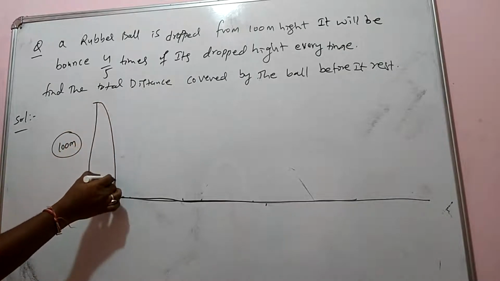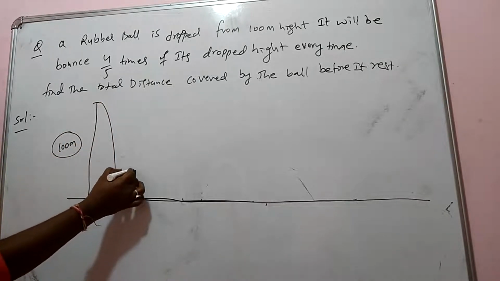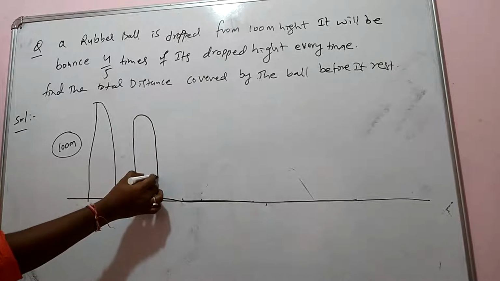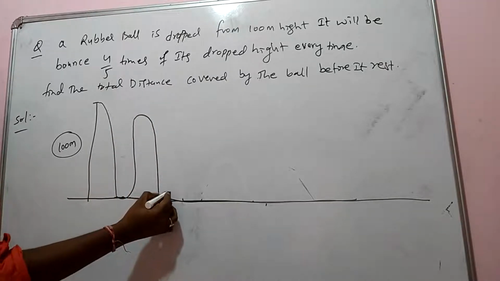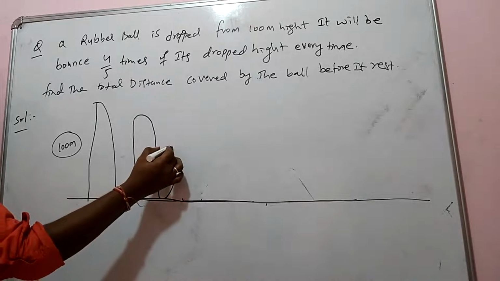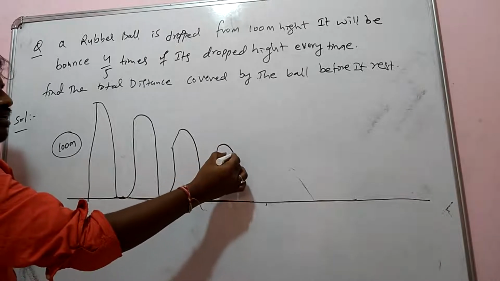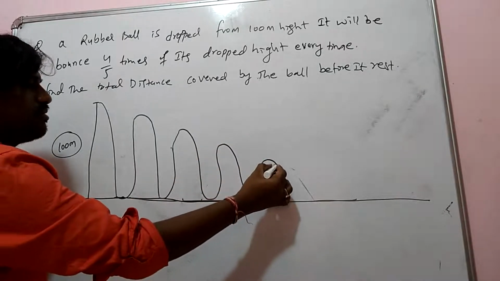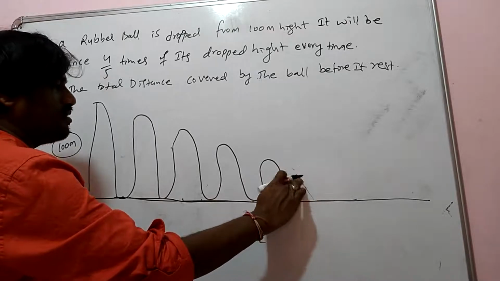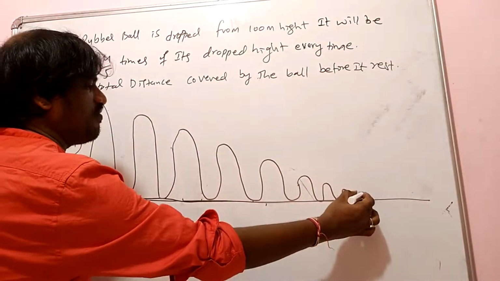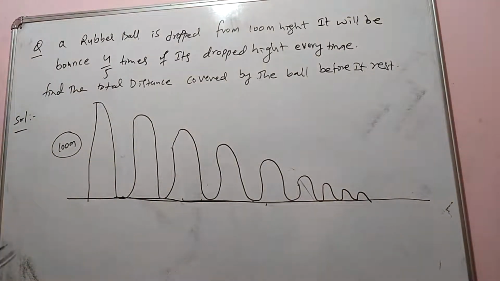It falls on the ground, then it jumps 4/5 times of this and comes back. Second time, it jumps again 4/5 times of this, and third, again 4/5 times, and so on, and then it is going to rest. So a rubber ball is dropped from 100 meters height, and it is doing it this way.